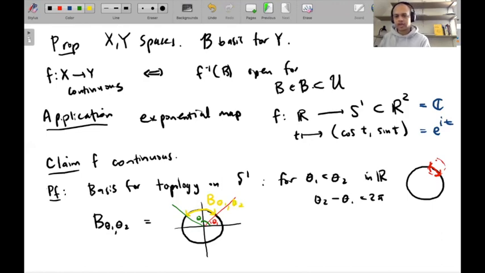As I was saying, these form a basis for the topology on S1. So in order to prove this map is continuous, all we have to do is show that the inverse image of B θ1 θ2 is open for each θ1 and θ2.